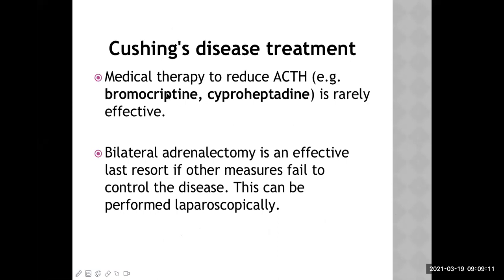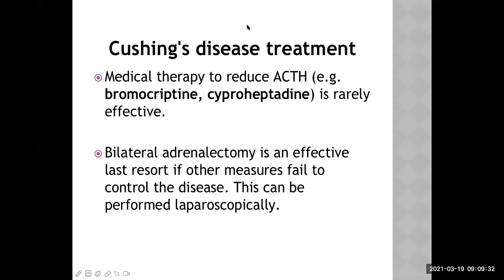Now, what is the other way? Medical therapy can be given to reduce the ACTH level, like bromocriptine and cyproheptadine. These are the drugs which reduce ACTH level. Okay, cyproheptadine is a type of antihistamine.